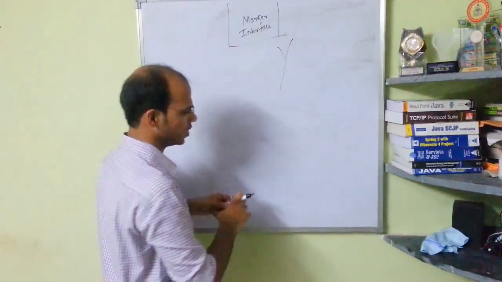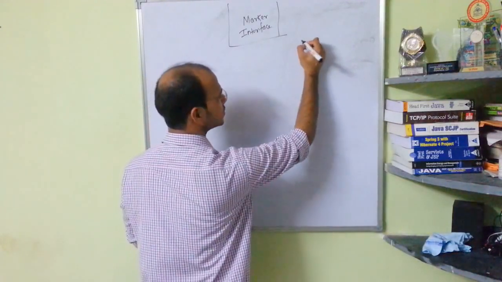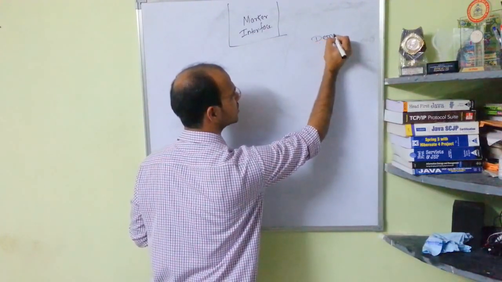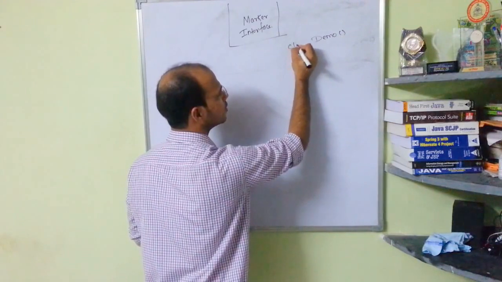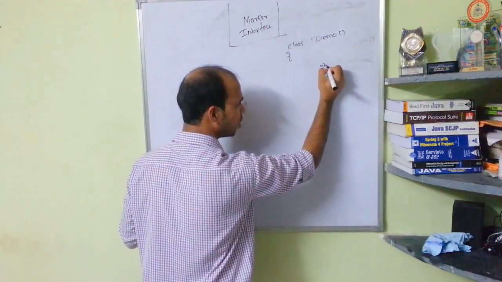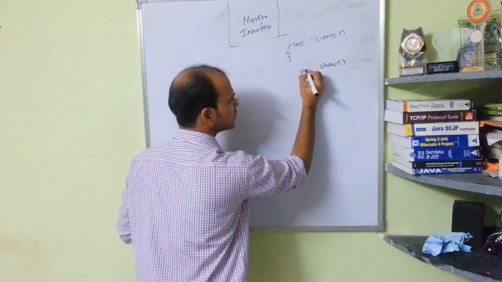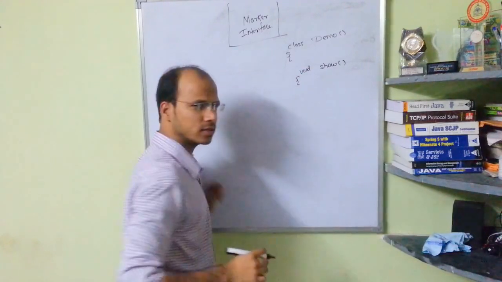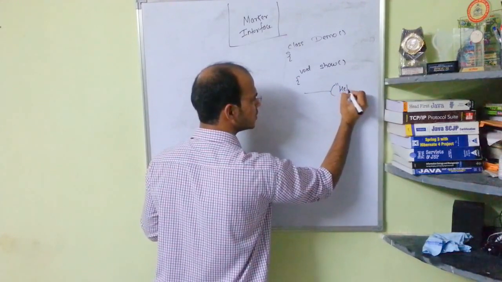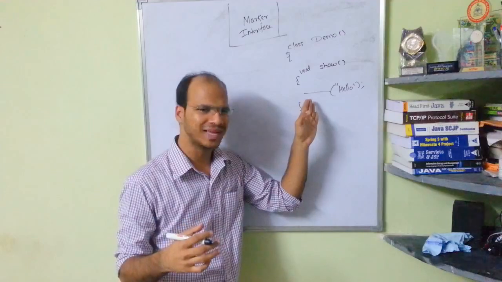Let's suppose you have a class called demo. In this class, I have a method called show, void show, and I want to print hello with System.out.println.